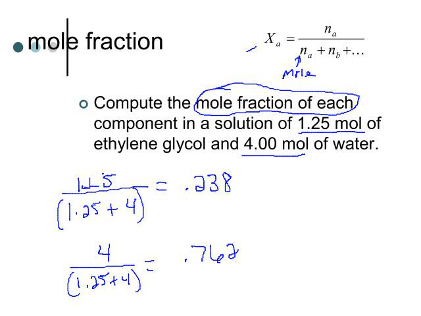Notice that these two things added together add up to 1, so you know you've done your math correctly. If the 2, 3, 4, 5 things don't add up to 1, then you've done something wrong. And this is one of the few things in chemistry that have no unit, so you get to have naked numbers in here.